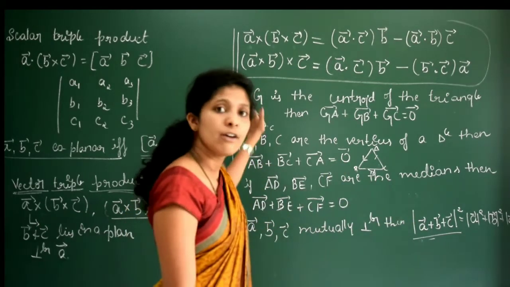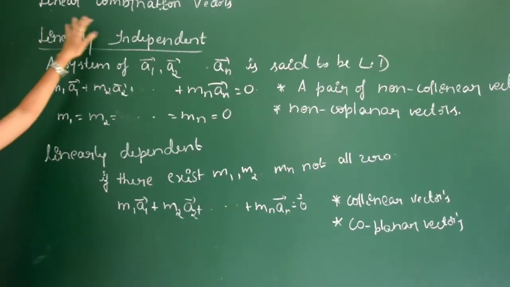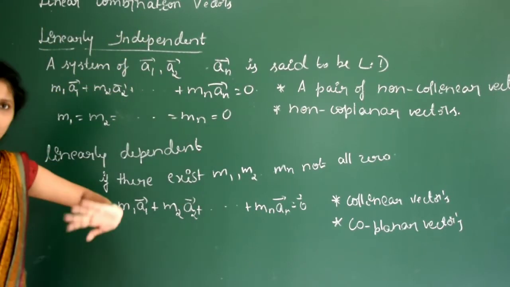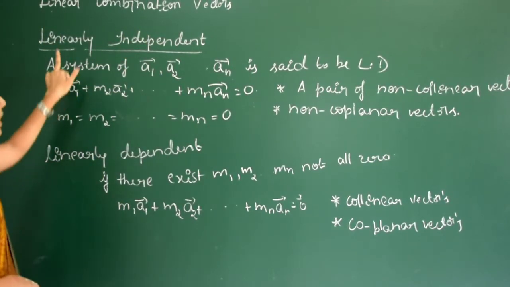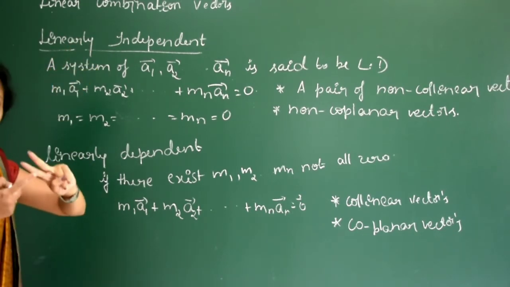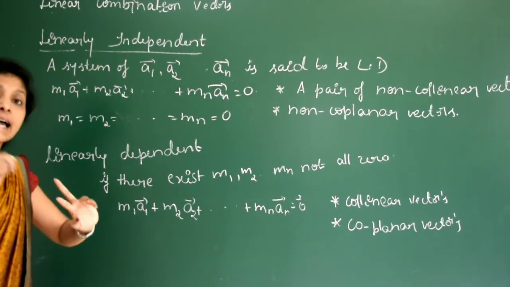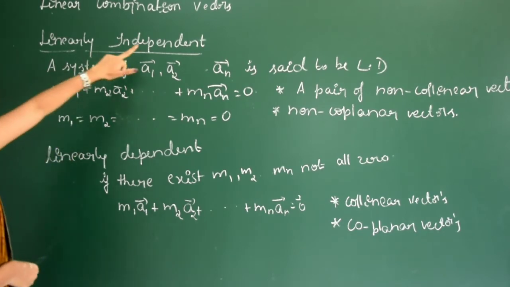So this is about the vector cross product and linear combination of vectors. Actually this is not important. We'll just go through it once, okay? Linear independence: there are two types, one is linearly independent, another one is linearly dependent. What is meant by linearly independent?